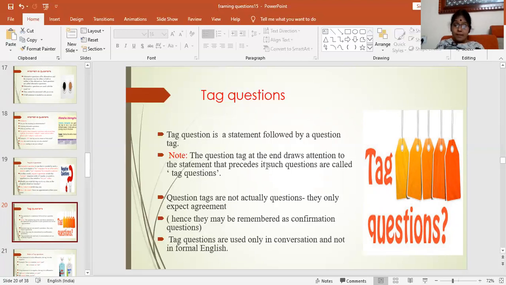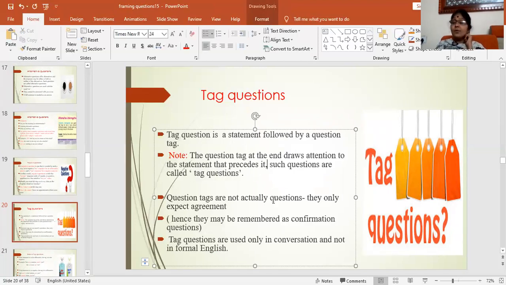Question tags actually are not questions. They only expect an agreement. So we can say that they may be remembered as confirmation questions, right? Tag questions are used only in conversation and not in formal English, right?